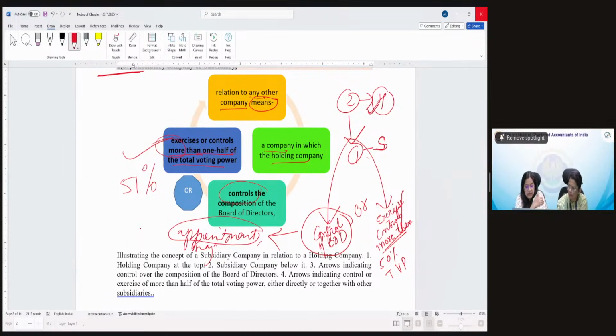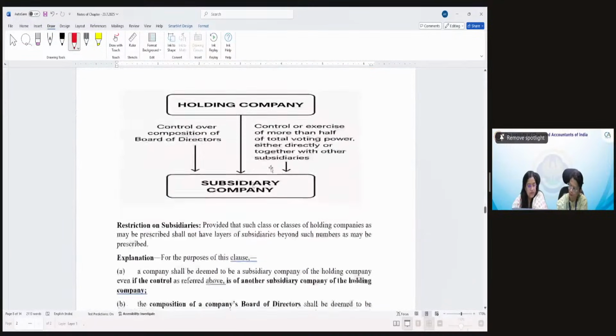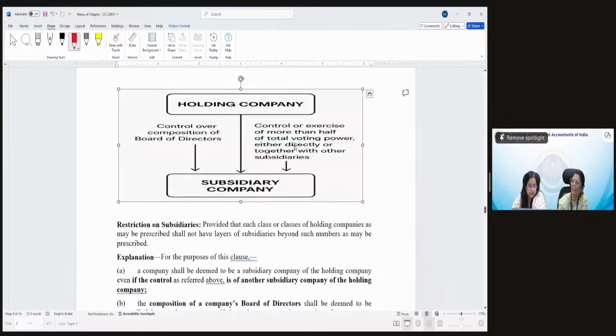So let's understand this with the help of an example illustrating. This is the same diagram that has been explained above. Here is the holding company.